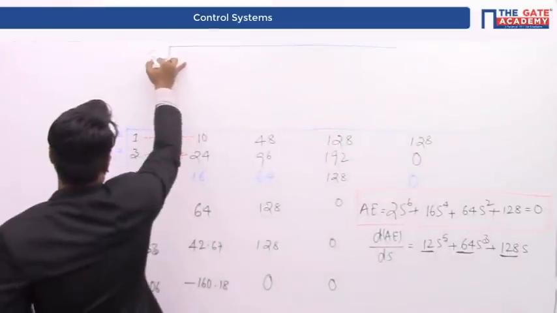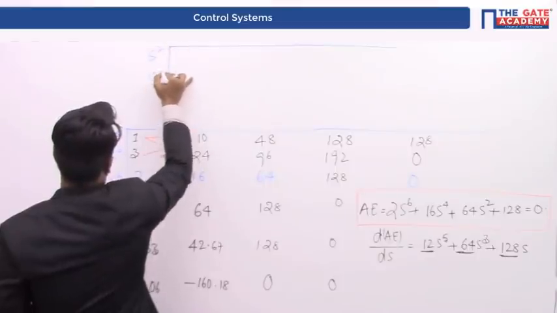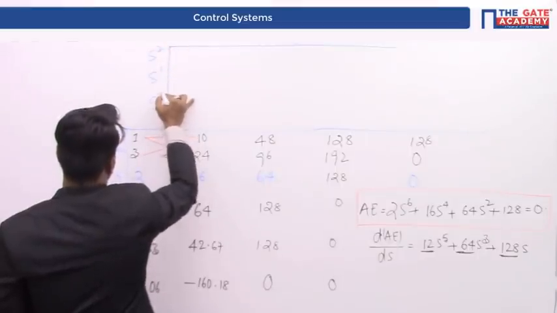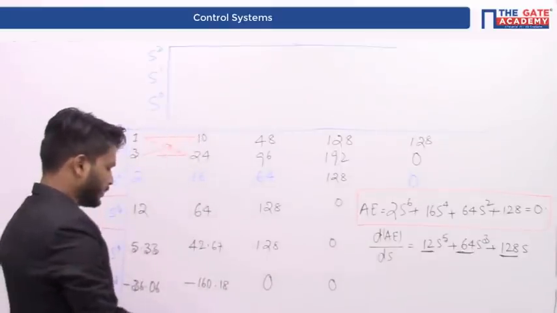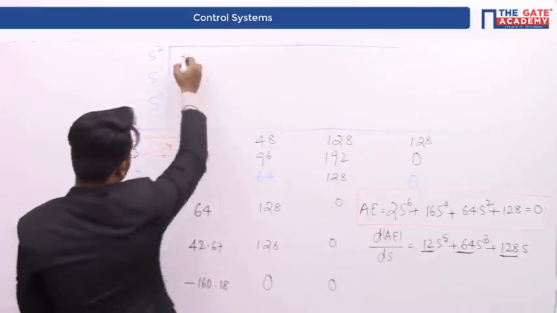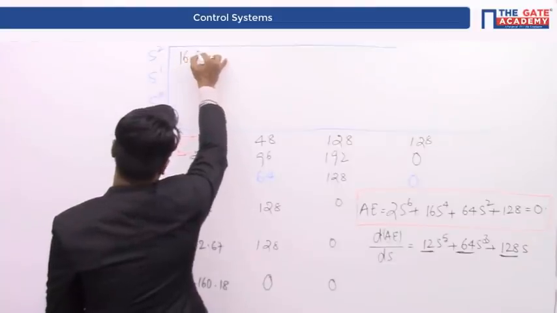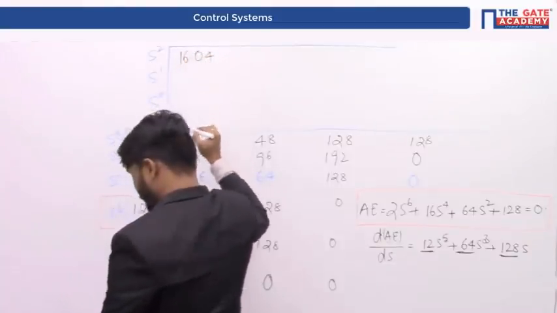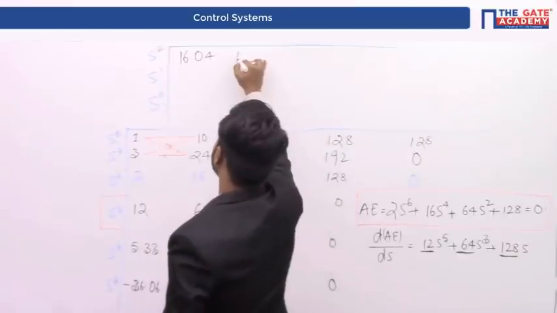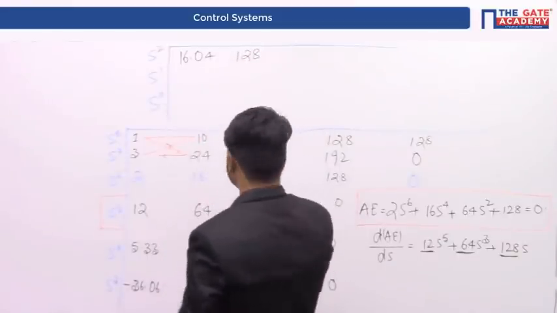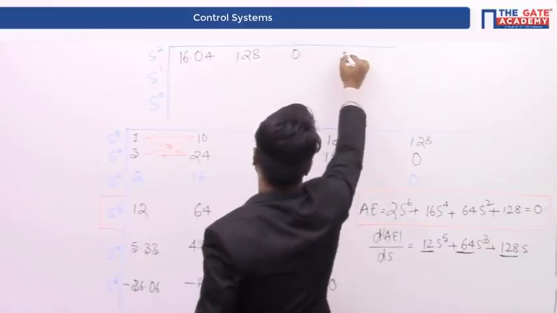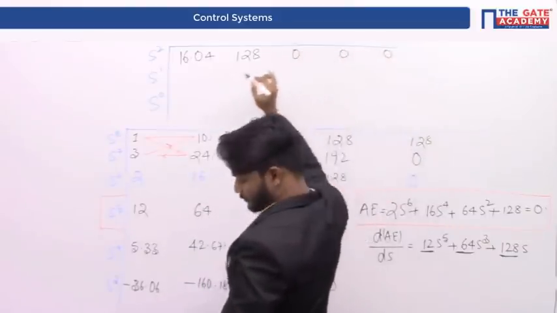So s square, s power 1 and s power 0. If we proceed further, in the s square row you will get 16.04. The next element is 128. The next element is 0 and zeros thereafter.